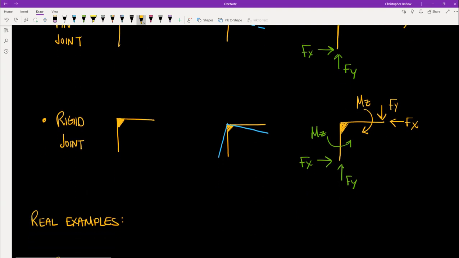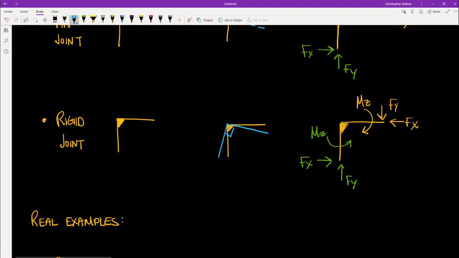Lastly, we have a rigid joint. Like the pin joint, we are passing our vertical and horizontal forces from one member to the other. In addition, we are also passing rotation from one member to the other. And so the angle between the two members remains at 90 degrees.